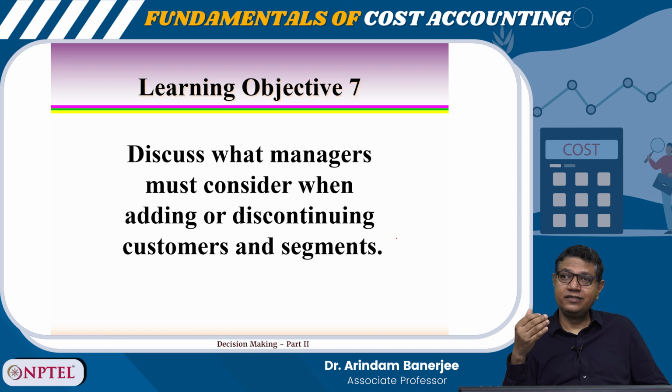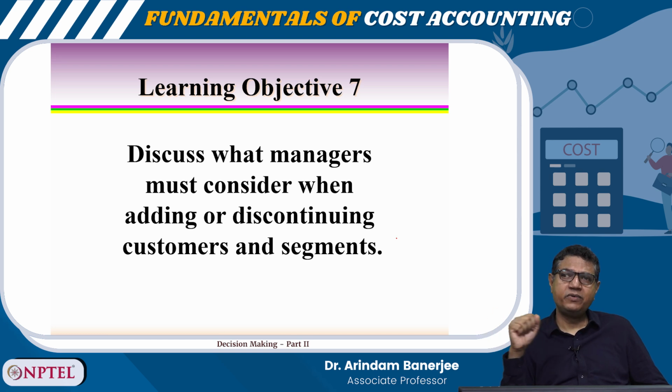This 4 rupees is not influenced by my decision to accept or not accept the offer from Sri Lanka. So, is this 4 rupees relevant or irrelevant? Of course, it is irrelevant for decision making. I am going to incur this 4 rupees anyhow. Fine. So, what is relevant?